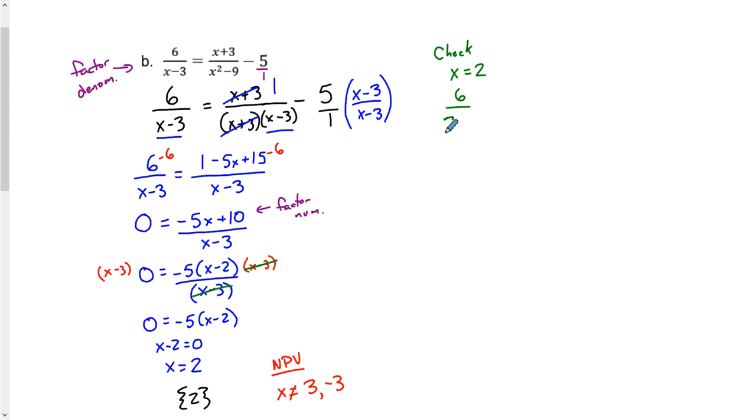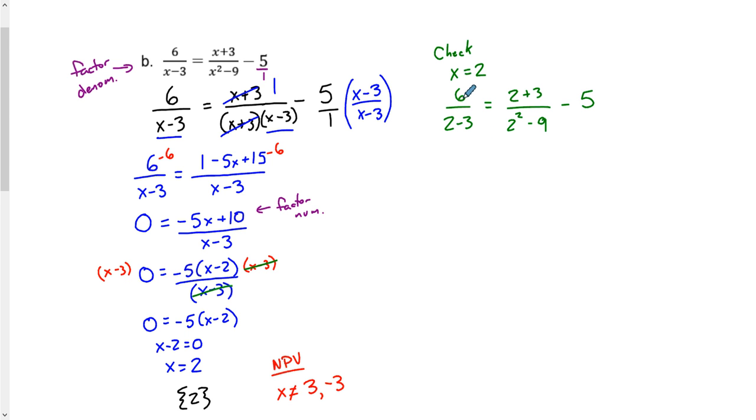So we'd have 6 over 2 subtract 3. Here, we'd have 2 plus 3 over 2 squared subtracting 9. Sorry, that was not correct. 2 squared, not 2 to the power 4. 2 squared, subtracting 9, subtracting 5.